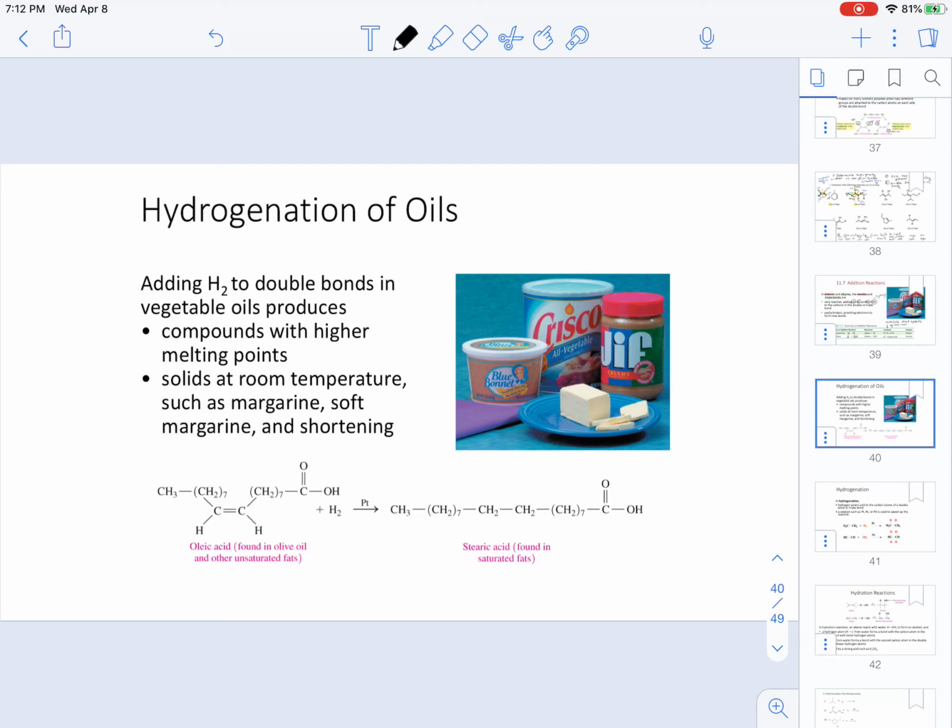Hydrogenation reactions are more common than what you may think. Understand that these hydrogenation reactions have been used in the food industry to produce products like shortening, and even margarine.